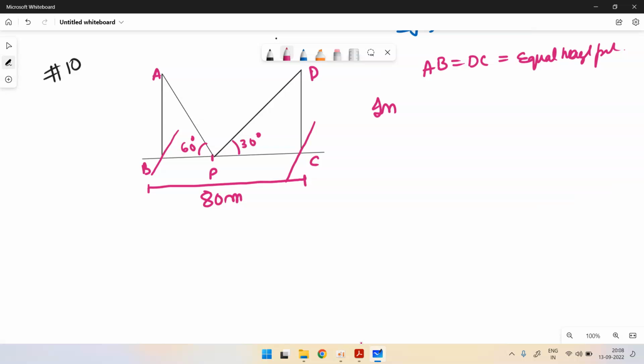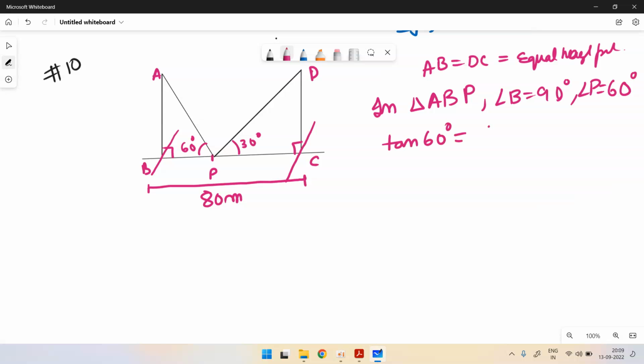I am taking first triangle ABP. Angle B is 90 degrees by default, and angle P is 60 degrees. So tan 60 degrees is nothing but AB by BP.